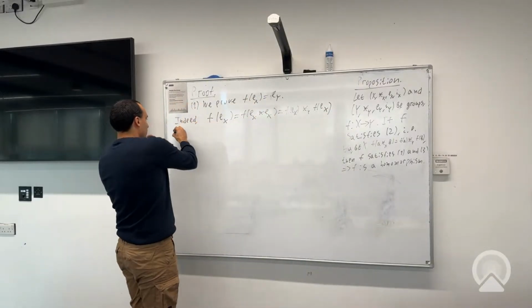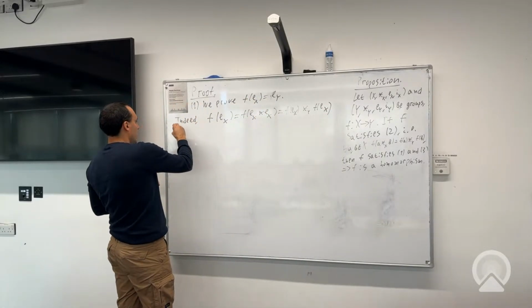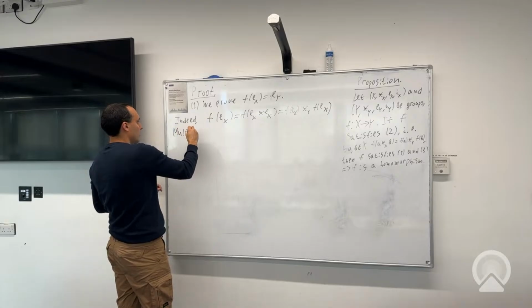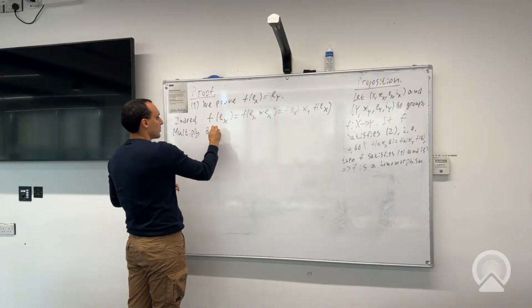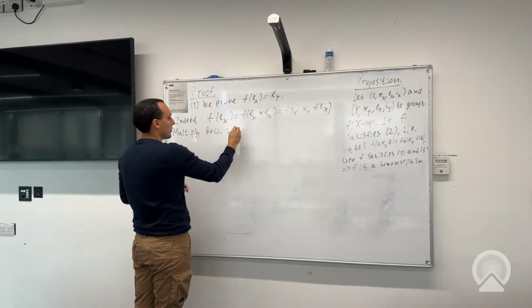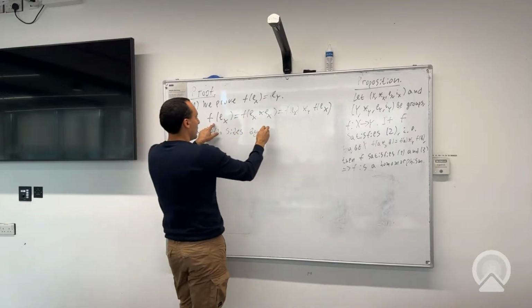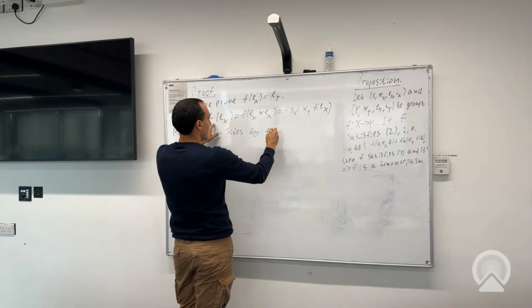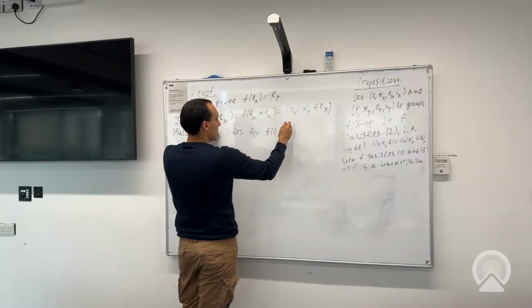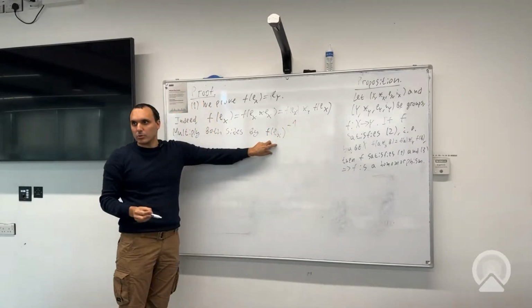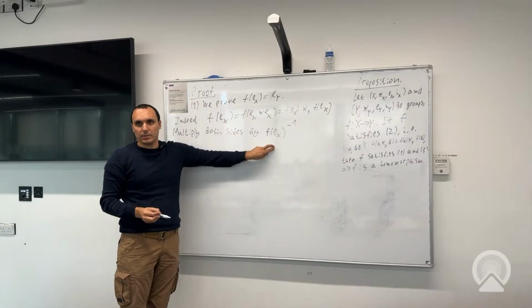So multiply both sides by f of e_X to the minus 1. That's the important thing because we are in a group, we have inverses.